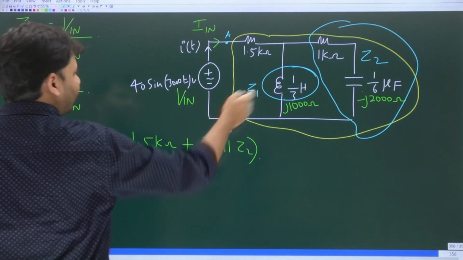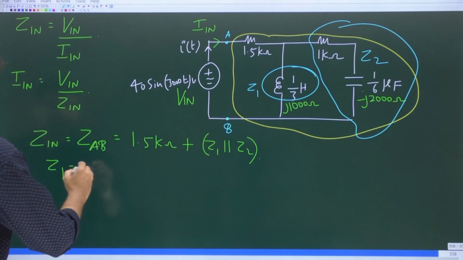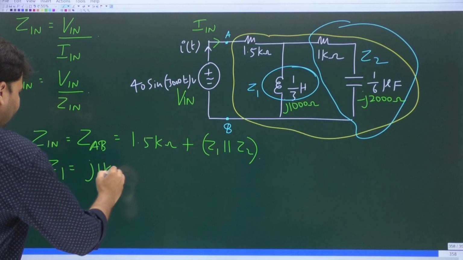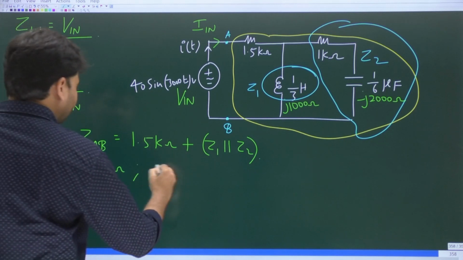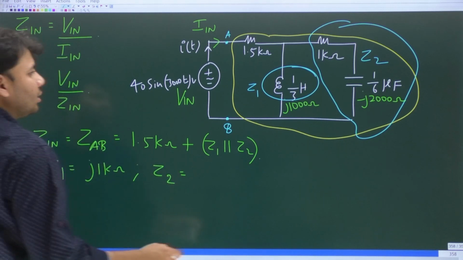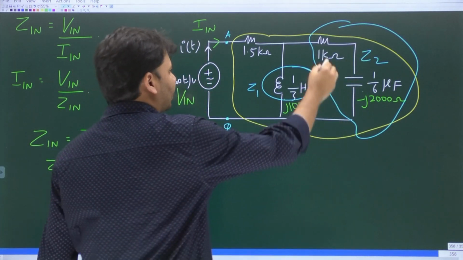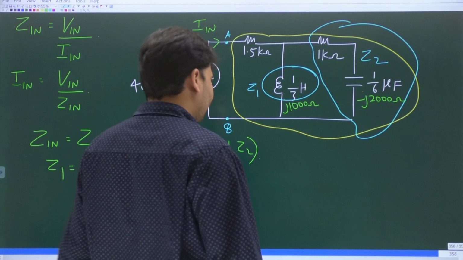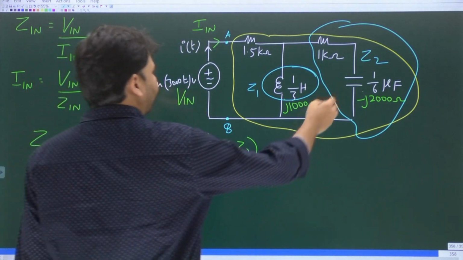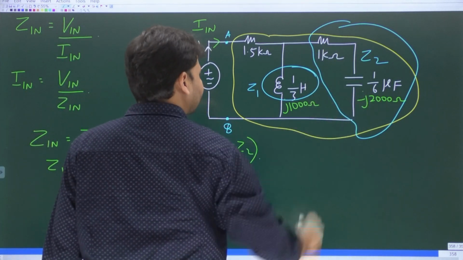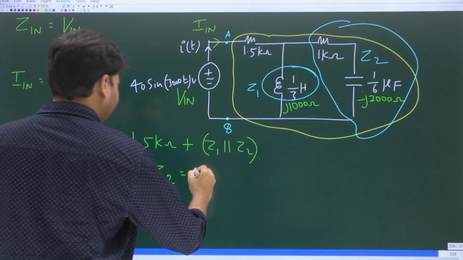Z1 is simply the impedance of the inductor, which is j1 kilo ohm. What is Z2? Z2 is the impedance of the series combination of the 1 kilo ohm resistor and the capacitor. Just add the two impedances, 1 kilo ohm minus j2 kilo ohms, okay?